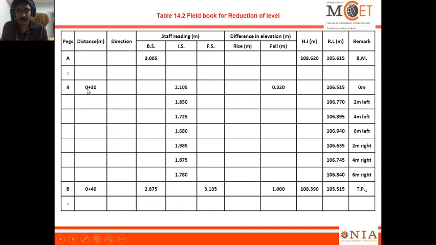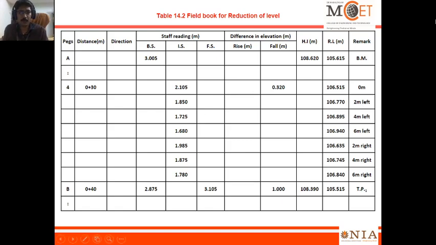At stake point 4, we have to take readings from the center, left, and right. The center of the road is considered 0 meter. There the staff reading was taken, height of instrument minus this, you will get the RL of the center point. Left and right, they maintain 2 meter intervals, so 2 meter, 4, 6 on each side, right.